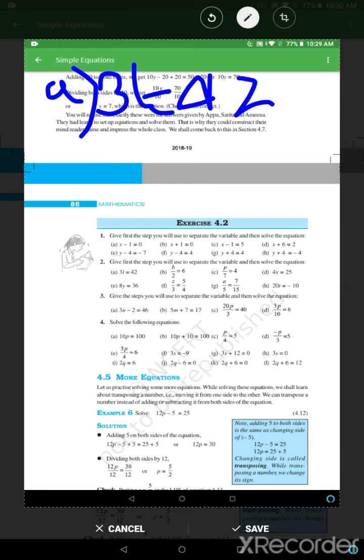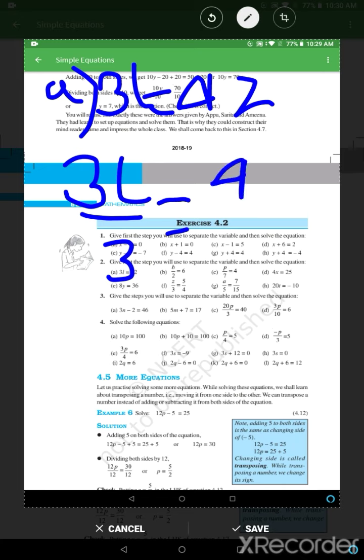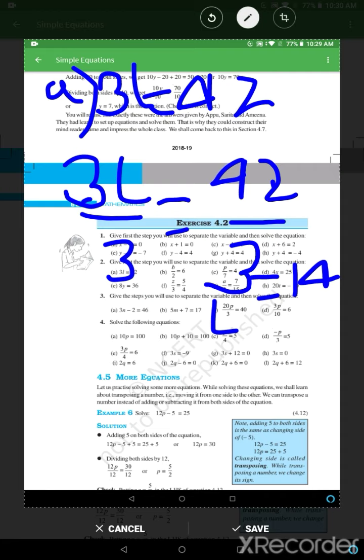First we will divide it by 3. 3l upon 3 is equal to 42 upon 3, and 42 divided by 3 is 14. So the value of l will be 14.